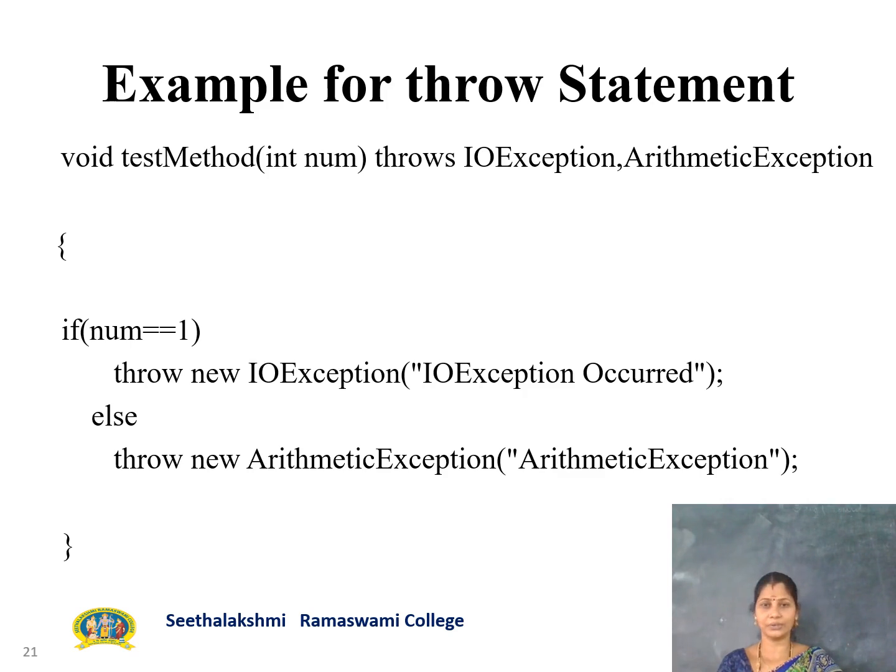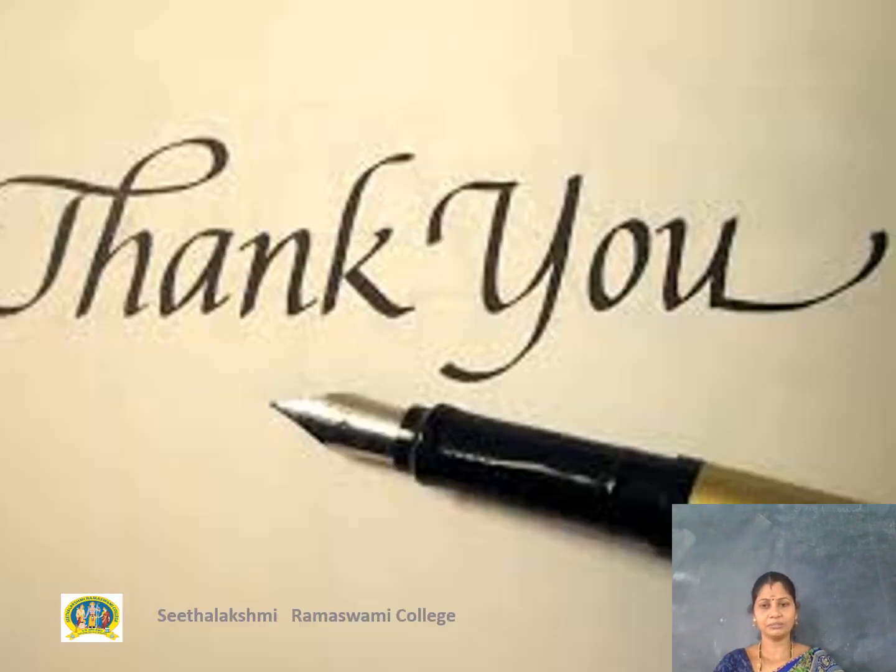In that test method definition block, it may have any input and output exception and also arithmetic errors, so it just throws the error and executes the following statements. If num equal to 1, throw new IOException. Else, throw new ArithmeticException.